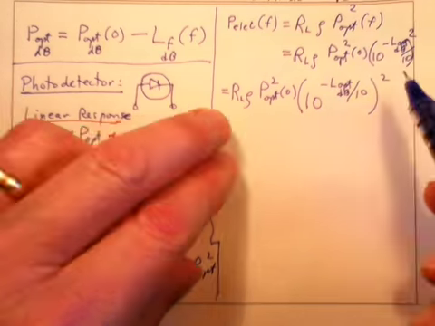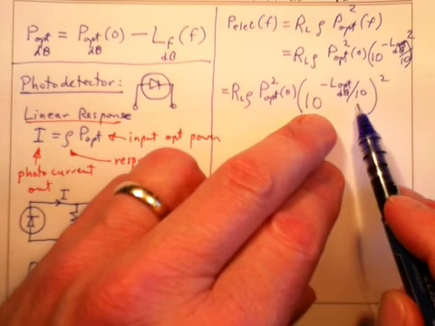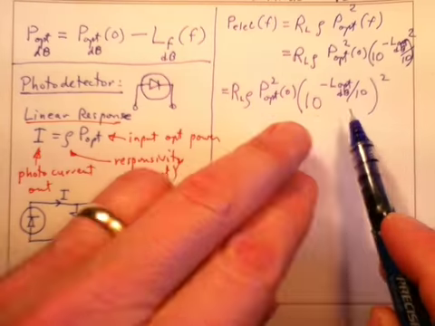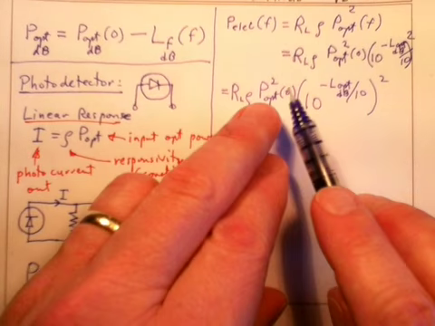So this is just the loss ratio. I've taken this loss in decibels and converted it into a loss ratio. When it's a loss ratio, I multiply it.